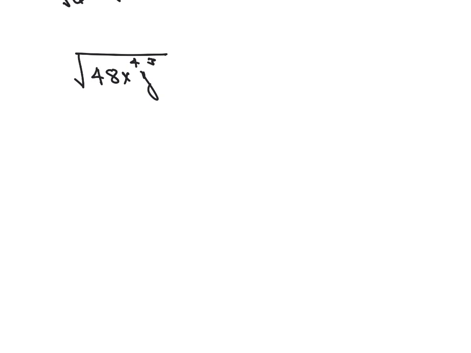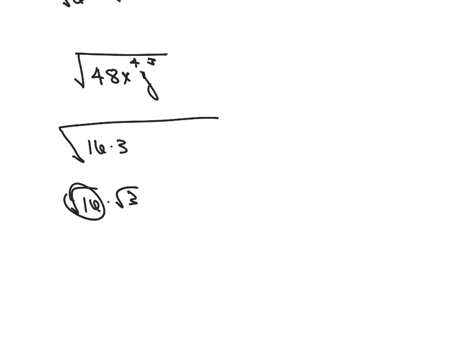Square root of 48 is also, let's see, are there two numbers multiplied together that give me 48 where I can take the square root of one of those? I've got 8 and 6. I've got 16 and 3. Okay, so that can be written as the square root of 16 times the square root of 3. I can take the square root of 16 and get 4.